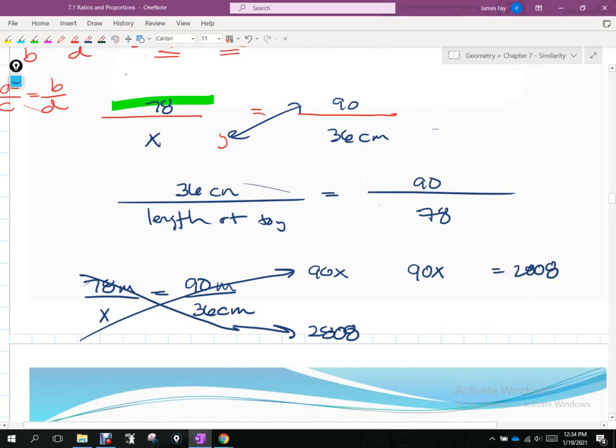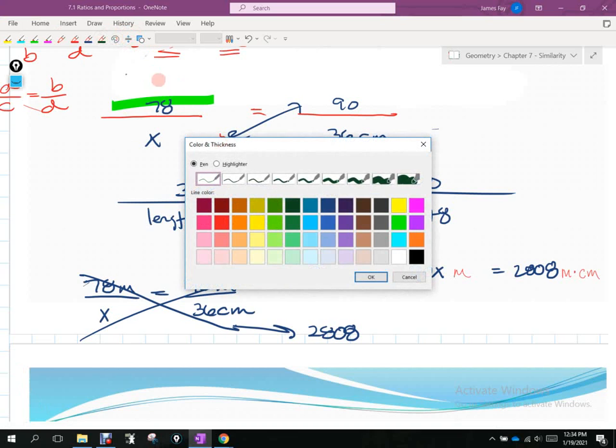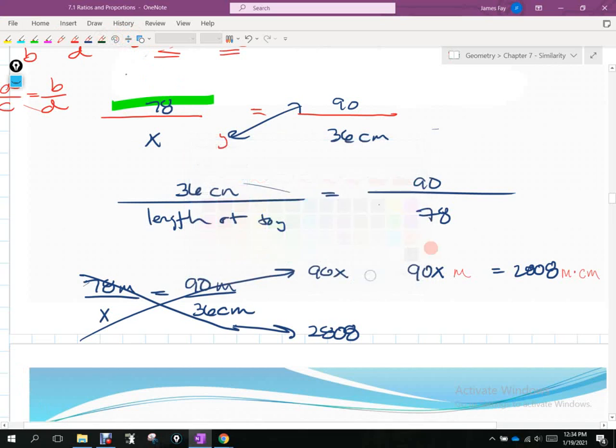Now, I've left a little gap here with the 90x because what was the unit on 90? Meters, right? When I did this multiplication, my units would have been meters times centimeters. Does that make sense? When I want to solve for x, you're going to divide both sides by 90 meters, correct?